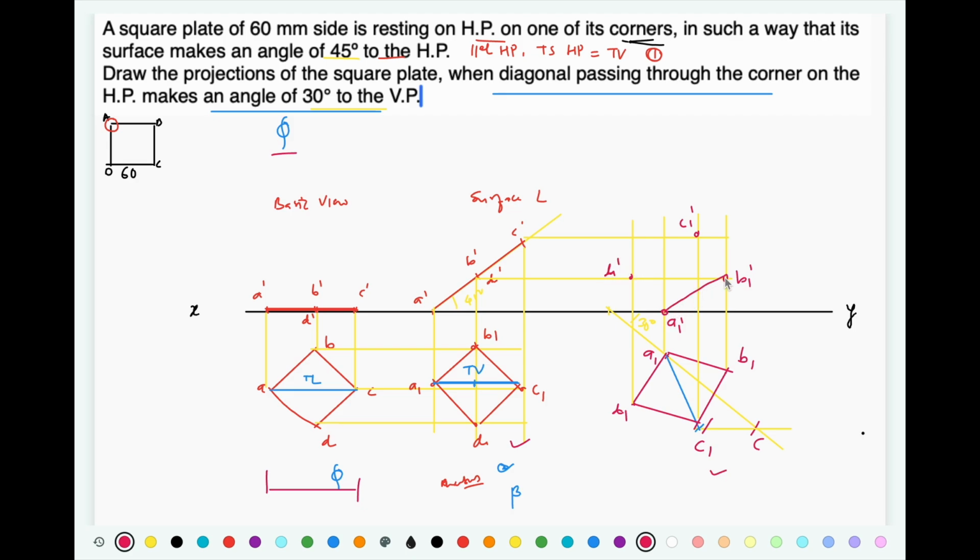So connect those points in a proper sequence and complete the view. So this is the final front view and this is the final top view. And once you are done with the solution, provide dimensions. The basic side of the square is given, so that dimension we need to provide. This inclination 45 degree and this inclination 30 degree.